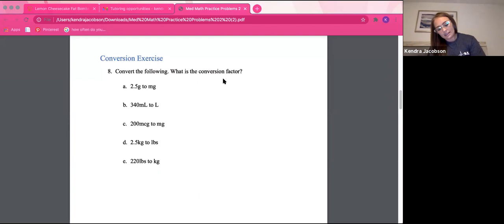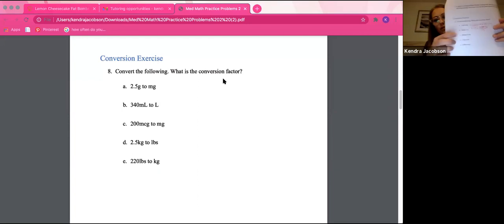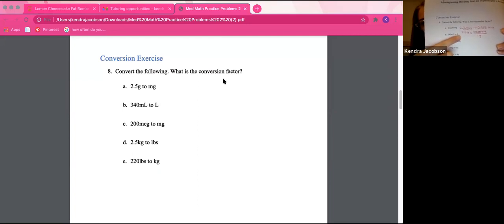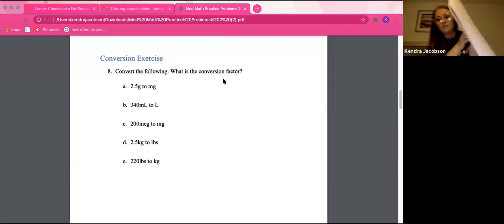So you're going to write 1,000 milligrams over 1 gram, written out like right there. And going from that, you just multiply across the top, which will give you the same answer of 2,500 milligrams. Does that make sense?